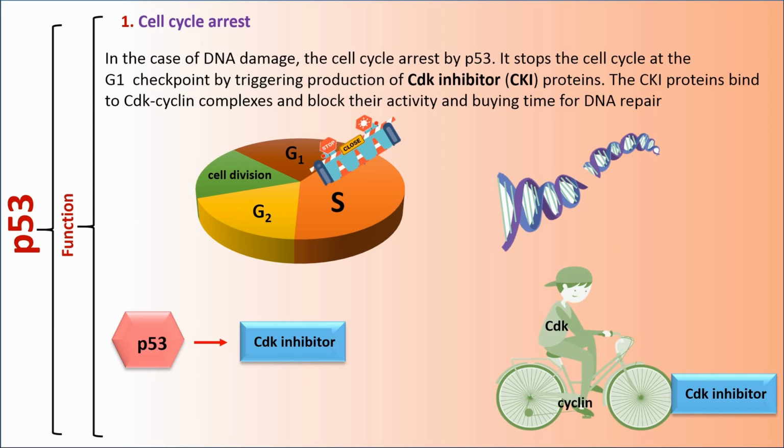P53 function. Number 1. Cell cycle arrest. In the case of DNA damage, the cell cycle arrests by P53. It stops the cell cycle at the G1 checkpoint by triggering production of CDK inhibitor or CKI proteins. The CKI proteins bind to CDK cyclin complexes and block their activity, buying time for DNA repair.